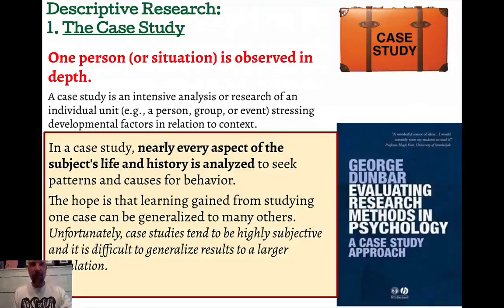Okay, so 3 basic types of descriptive research. Number 1 is the case study, where we look at one person or situation, or maybe even a homogeneous group of people, and observe them in depth. Usually you see this with very unique cases, like the one that everybody is obviously obsessed with because of the shows on Netflix and Amazon: serial killers. That would be a case study into what drove this person to do this, what's going through their mind as they're committing these heinous crimes.